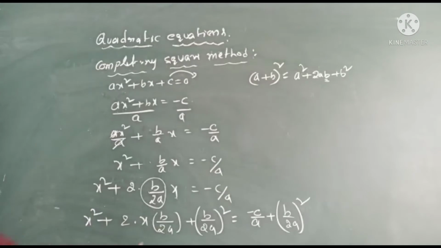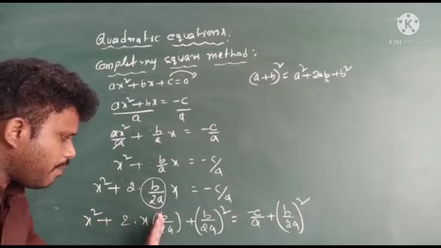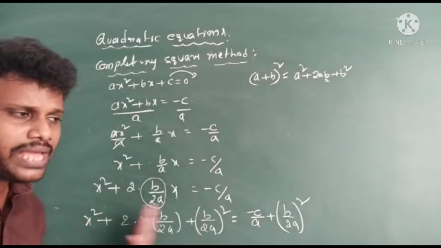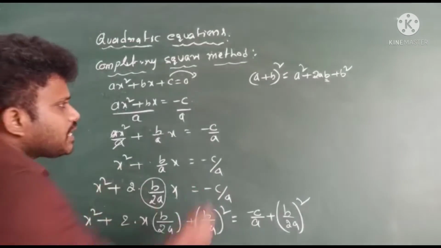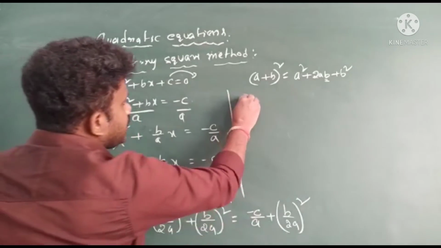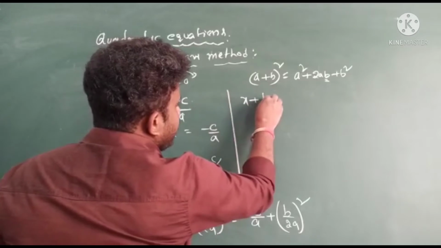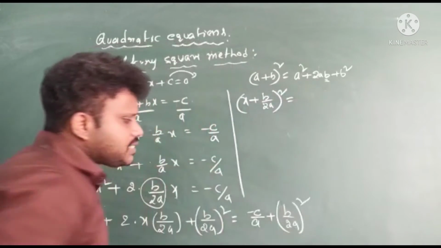Now try to understand the left hand side: it is x square plus 2ab plus b square, that is a square plus 2ab plus b square. So instead of this, a is nothing but x and b is nothing but b by 2a, so it becomes x plus b by 2a whole square is equal to.